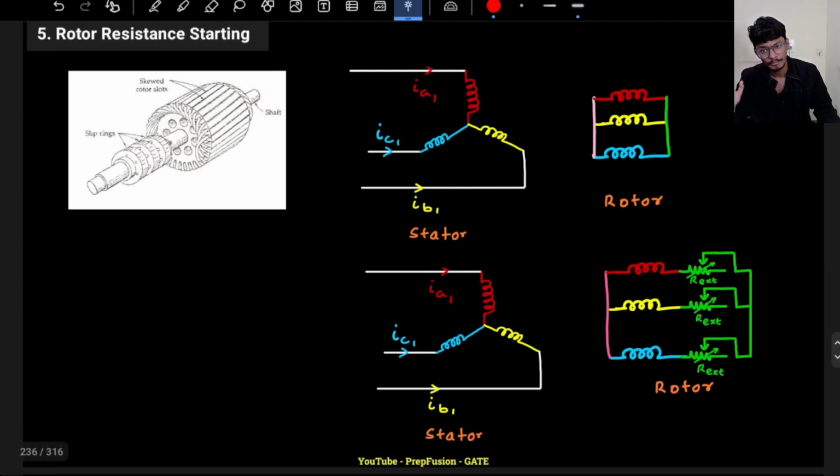Now let's discuss rotor resistance starting. In rotor resistance starting, we connect an external resistance to the rotor side.